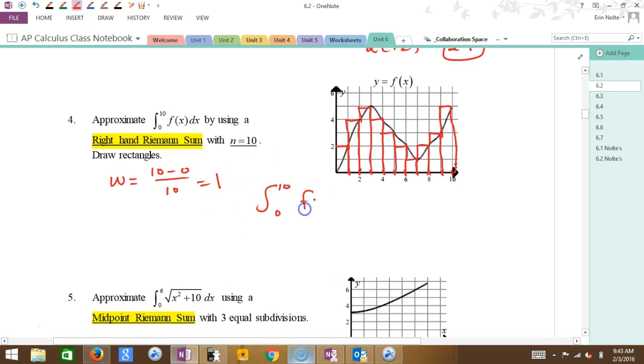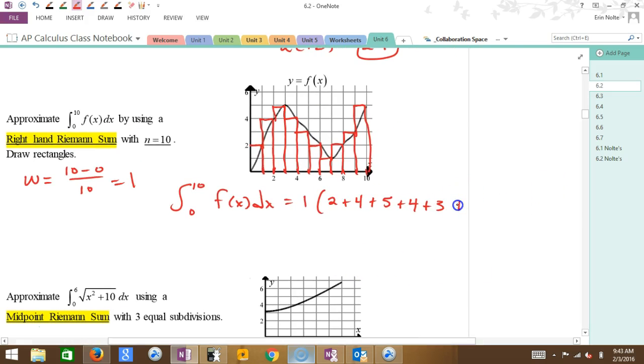If I do my sum, my width is 1, which I'm just going to write, even though you don't really need to. And then the height of each of my rectangles: 2 plus 4 plus 5 plus 4 plus 3 plus 2 plus 1 plus 2 plus 3 plus 5.